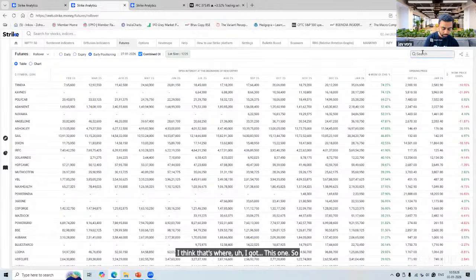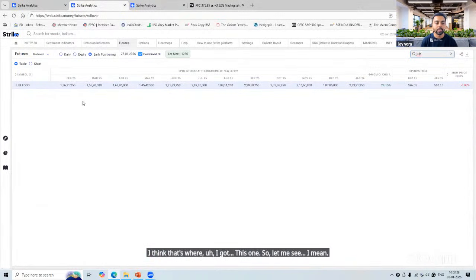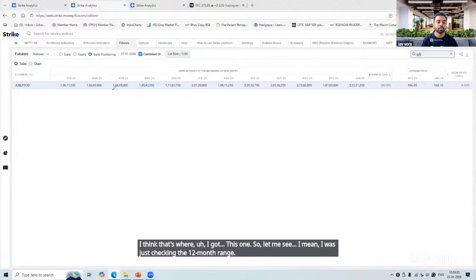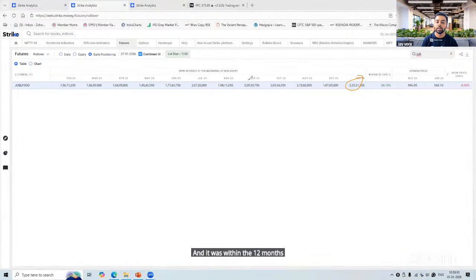I was just checking the 12-month range, and it was towards the higher end of its range, right? You see over here. And the prices had fallen. So there is definitely bearish sentiment over here.